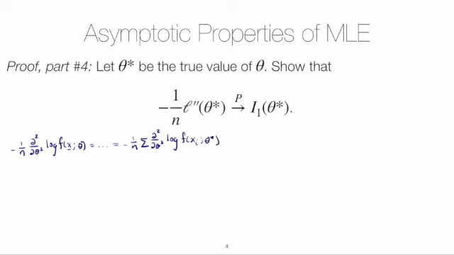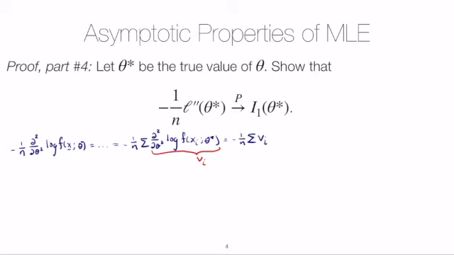All right. Well, without the negative sign, this looks like a sample mean. You're summing up some terms and dividing by the number of terms. If we call each one of these terms V_i, then what we have here is negative 1 over n times the sum of these V_i.